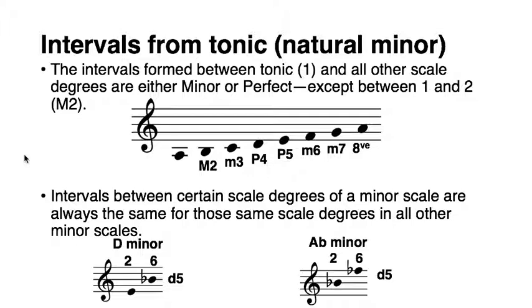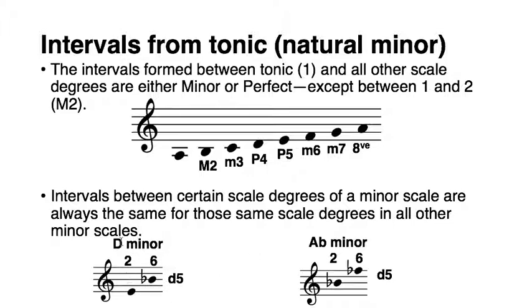So if you're looking, for example, at scale degrees 2 and 6, they are always going to form a diminished fifth in any natural minor scale, regardless of the scale you choose. Here I have chosen D minor and A flat minor, but I could have chosen A minor. I could have chosen a variety of different things, any minor scale, and they would always turn out to be diminished fifths, right? The interval between 2 and 6.